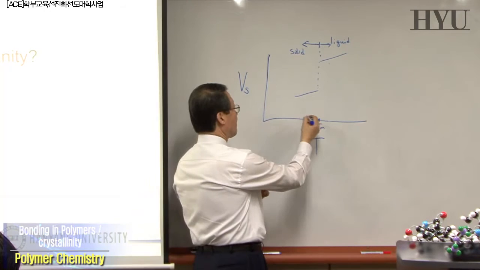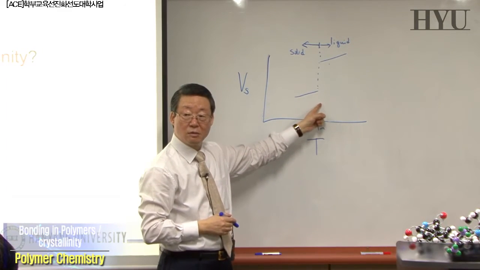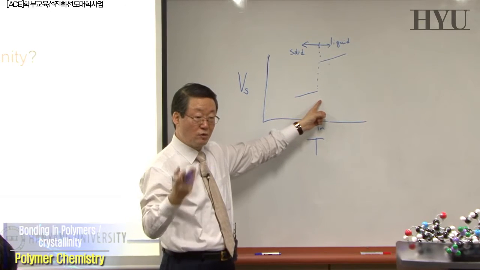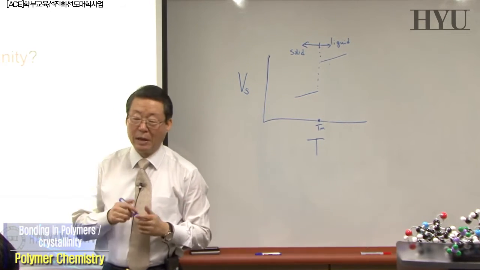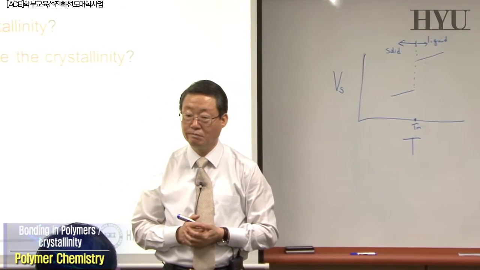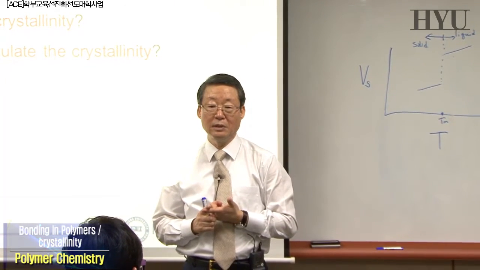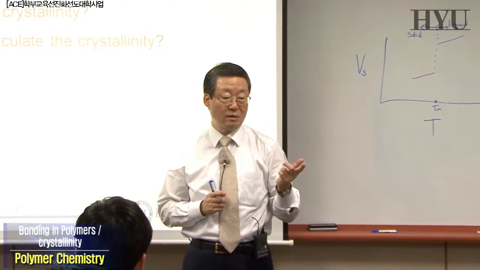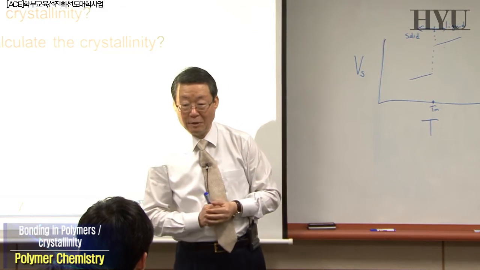So this is the case for 100% crystalline material, or where the majority of the material is in the crystalline phase. Metal is an example of a crystalline material. Ceramic or inorganic material is also a crystalline case. Right?